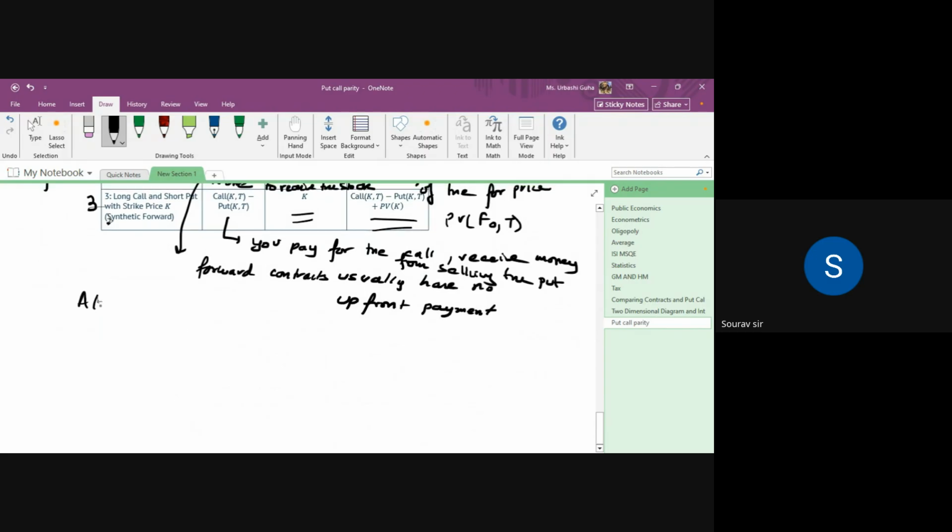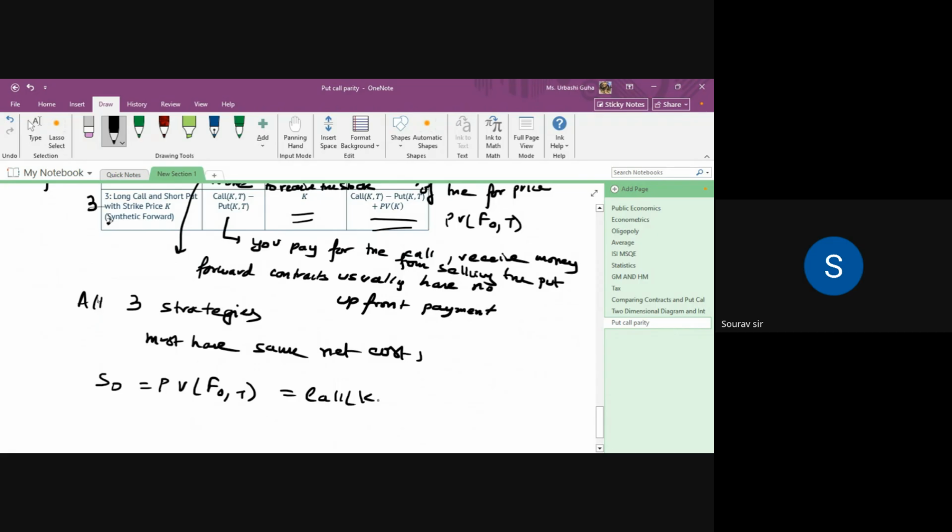So S0 is equal to PV of F0, which is equal to call minus put plus PV of K. Whether you buy the stock outright, via forward, or synthetically using options, the end result is you own the identical stock. So the total cost today must be equal after adjusting for present value and premium.